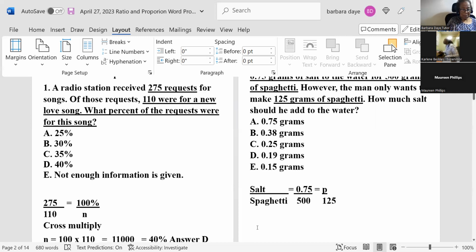That's correct. So let me just put what you said. P equals 125 times 0.75, and that's divided by 500. So let's put the 500 here.